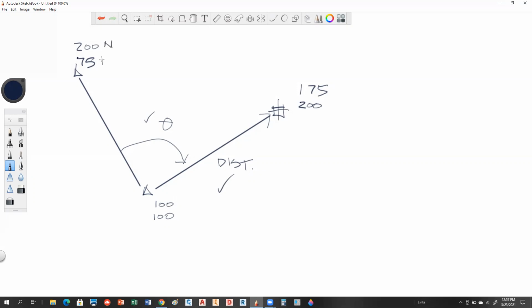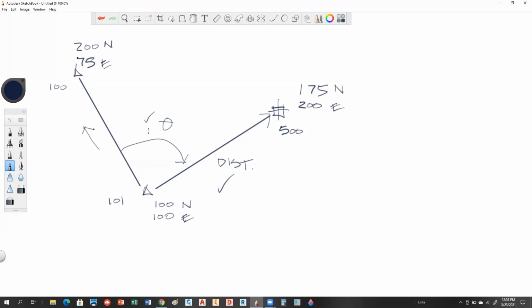Northing and easting of point 100, northing and easting of point 101, and northing and easting of point 500. How do we do this? You need to know your latitudes and departures. Right, so what we would do is calculate this direction, and we can do that with your latitudes and departures.